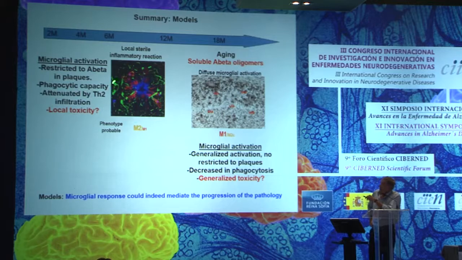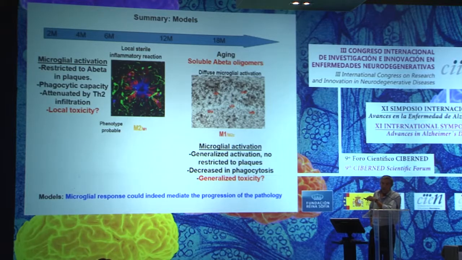It is restricted to A-beta plaques at early ages. It is generalized in the whole parenchyma at late ages, and modulating the Th2 response of the lymphocyte could aggravate the progression of Alzheimer's disease.